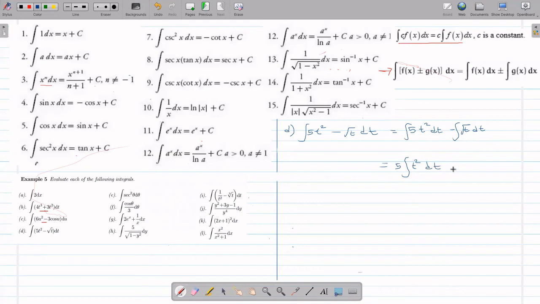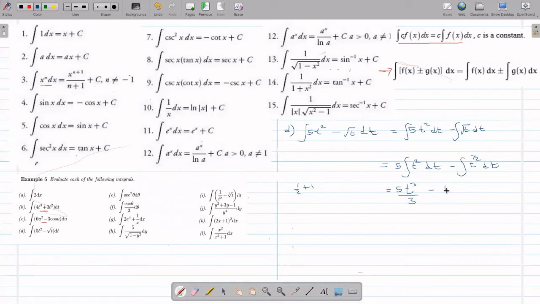Then minus this root t, I can write as t to the half, like with differentiation, dt. So now here n is 2, 2 plus 1 is 3, no? So here I get 5 t cube over 3 minus, n is half, half plus 1 is 3 over 2, no?